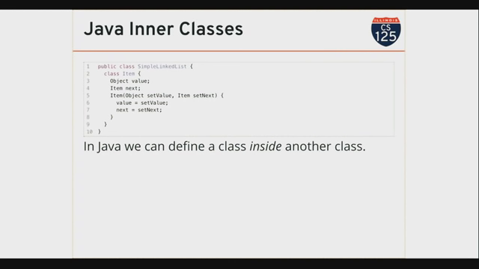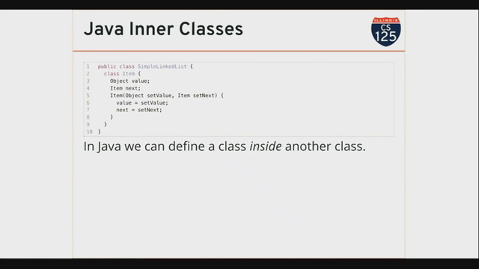So a brief, extra little bit of Java object-oriented goodness. In Java, I can define a class inside another class, just like this. So my class simple linked list defines a class internally. It doesn't have to be in a separate file. It can live right inside the class. That new class behaves, in many ways, identically to the classes that you're already used to using.